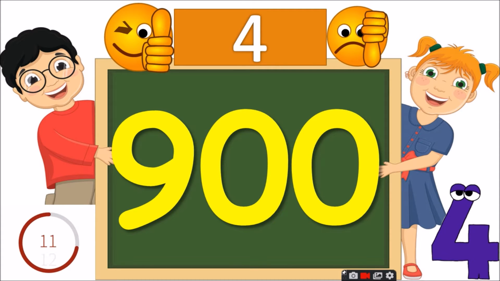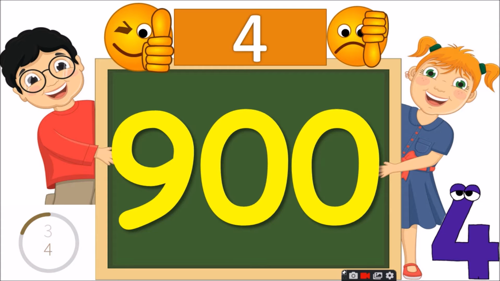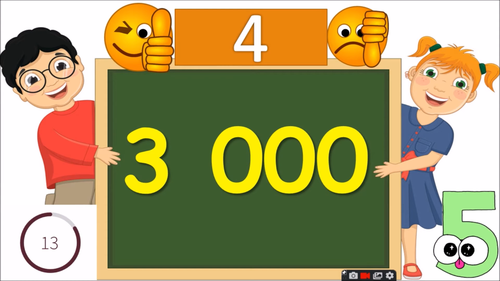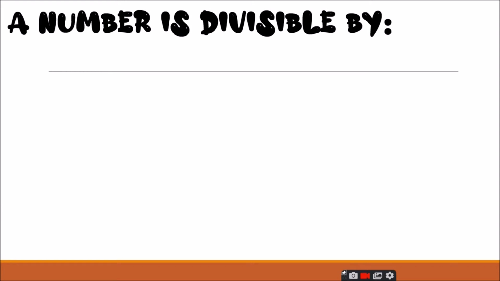Is it divisible by 4? It's thumbs up. And the last number, number 5. Thumbs up or thumbs down? It's thumbs up.